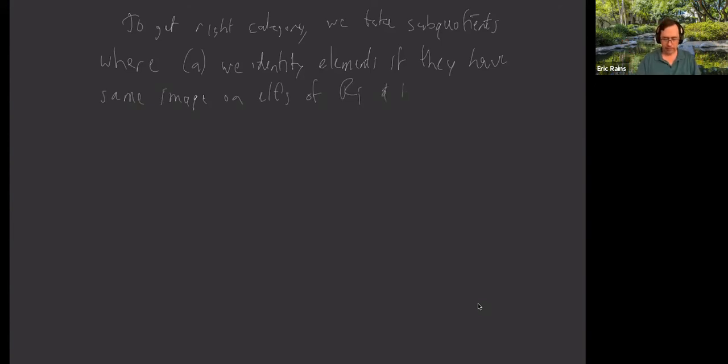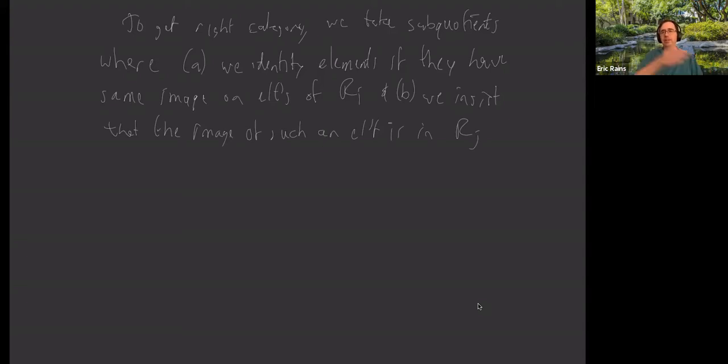And second, we insist that the image of such an element is in R_j. So if you like, it's taking symmetric things to symmetric things. We don't care about what it does to non-symmetric things, and it takes symmetric things to symmetric things.